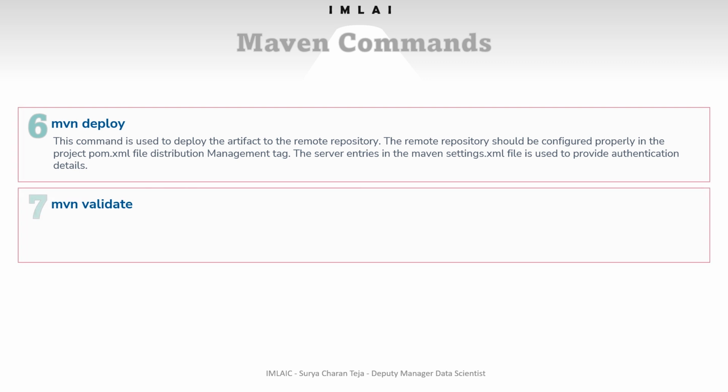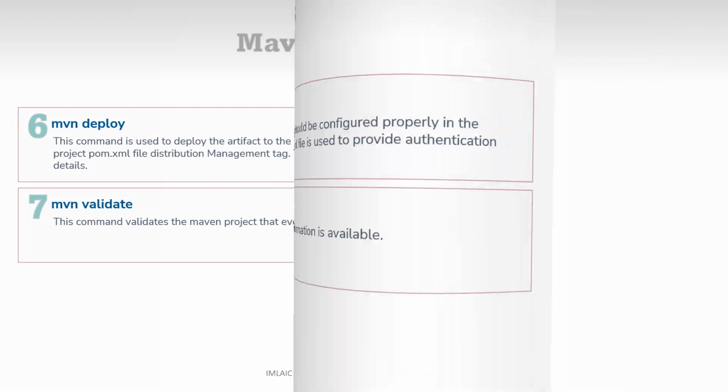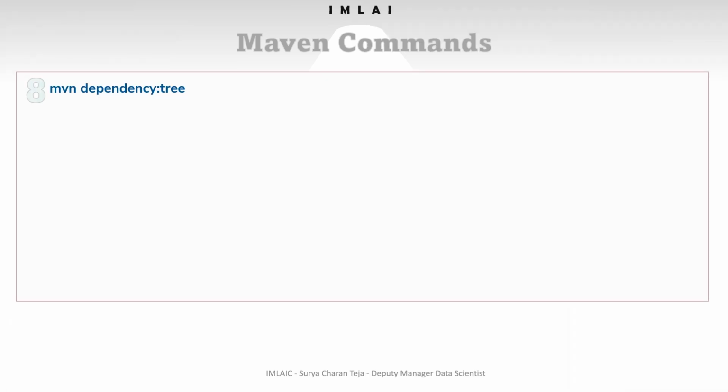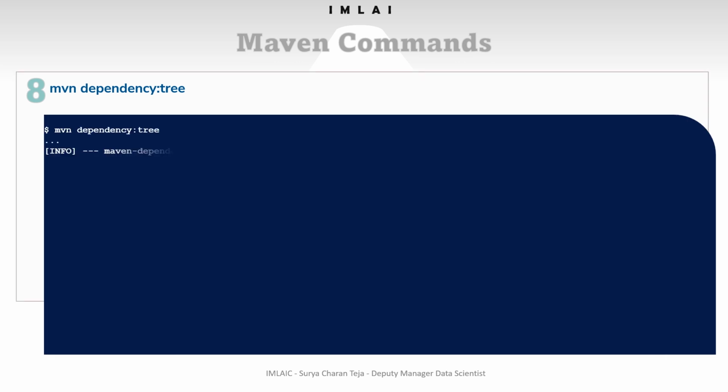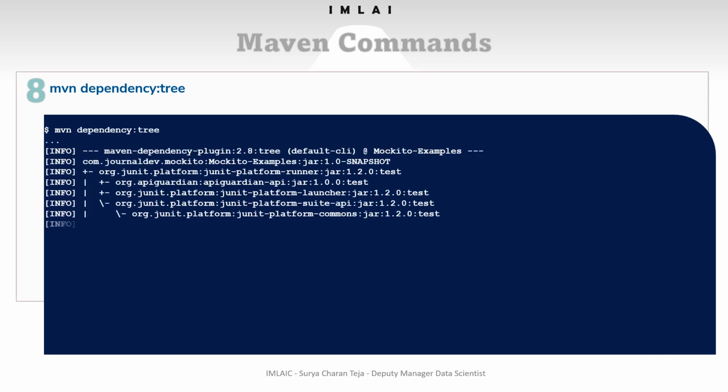And we have mvn validate. This command validates the Maven project, that everything is correct and all the necessary information is available. Then we have mvn dependency:tree. This command generates the dependency tree of the Maven project, and this is what you get.